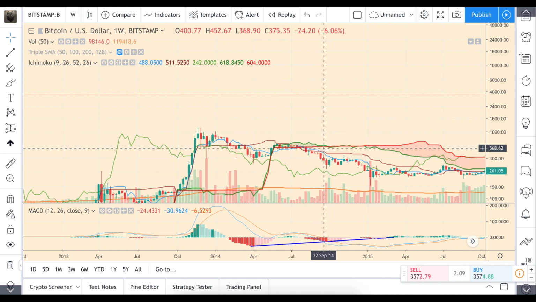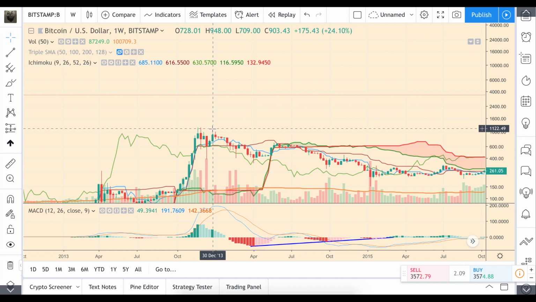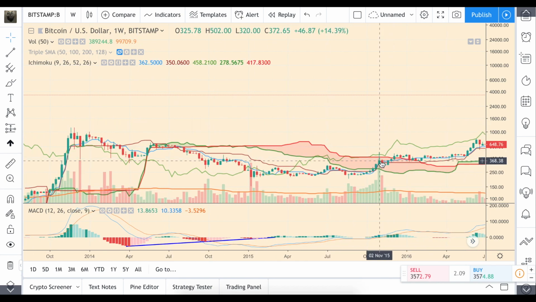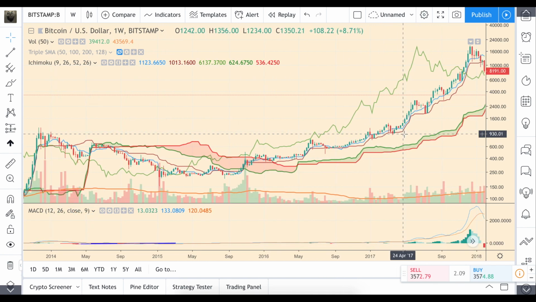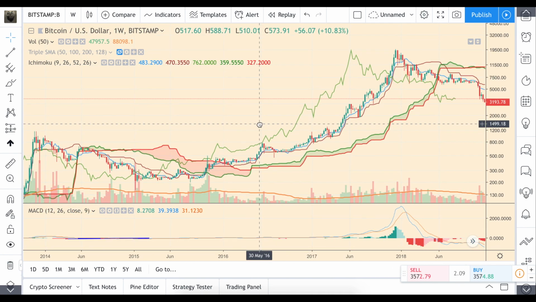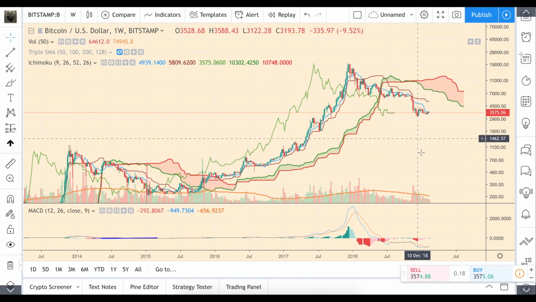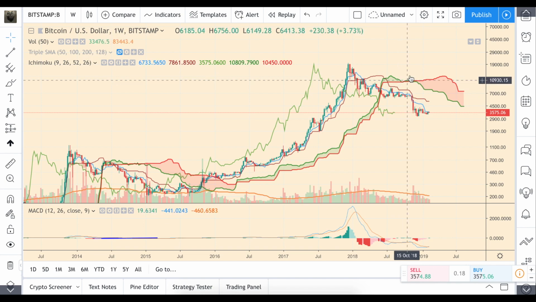So this is the sell signal area, and you would probably sell somewhere at $500. It's not 1,100 as you would want, and then we would buy somewhere at 300-400. So yeah, it's better than nothing, but it's really conservative and really long term. And then eventually you would sell somewhere here.